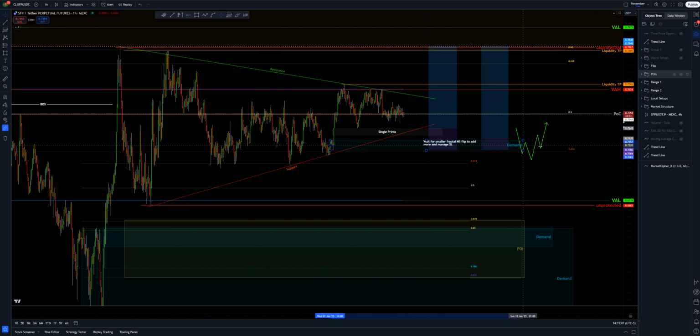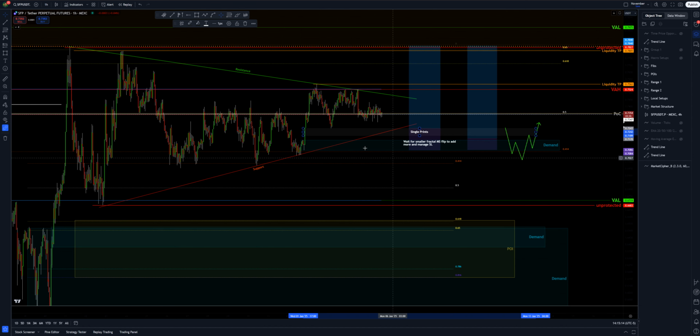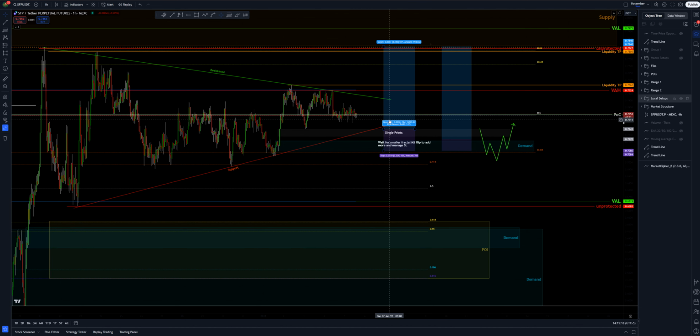So for the more local, like this pattern here, we have some confluence to take longs. Personally, I'm going to pre-take this long.